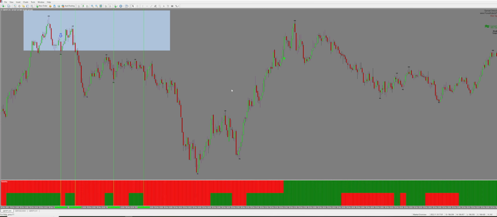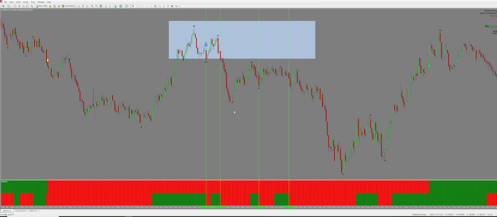Well, the question will be, how do I exit with 60 pips? There's so many ways. But the most important thing is, for us to achieve consistency, you need tools like this.